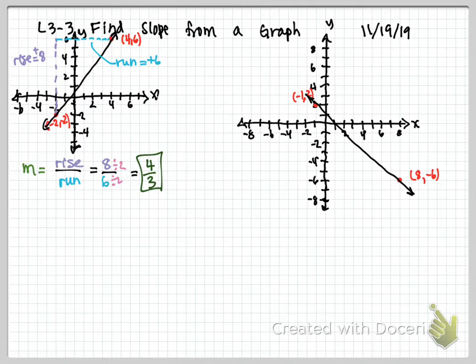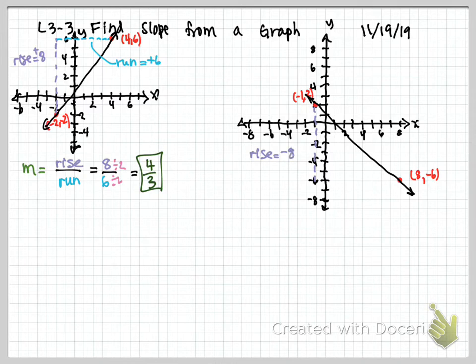So we're going to figure out rise and run. Let's start with the rise. If I started on the left, I would actually end up rising down. So my rise is down, which makes it a negative number. I have 2, 3, 4, 5, 6, 7, 8, so it's a -8.